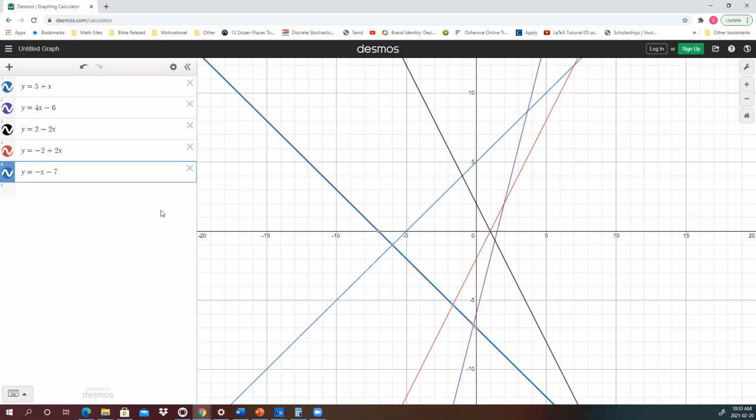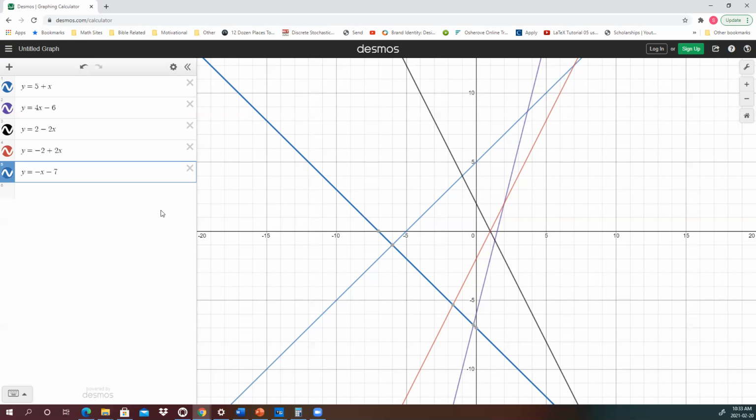You should label them with the function. I told you last time to put the function on them when you draw them. So the one for minus x minus 7 is about minus 14.